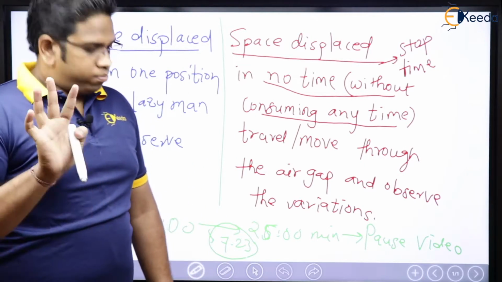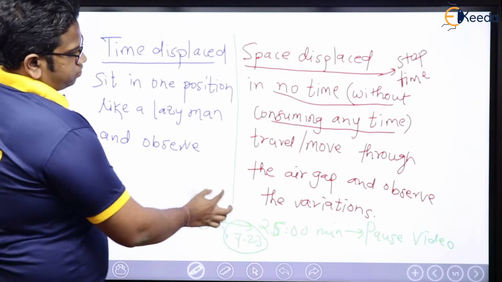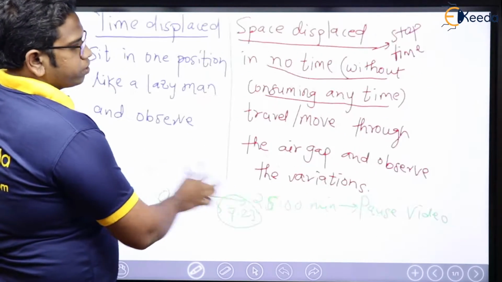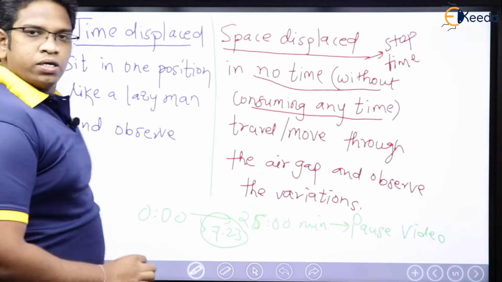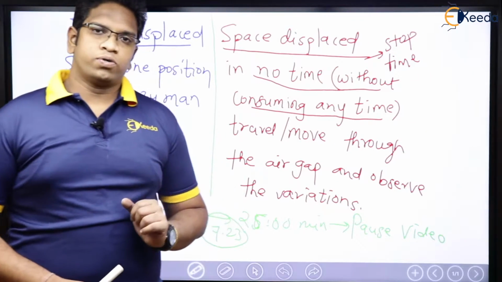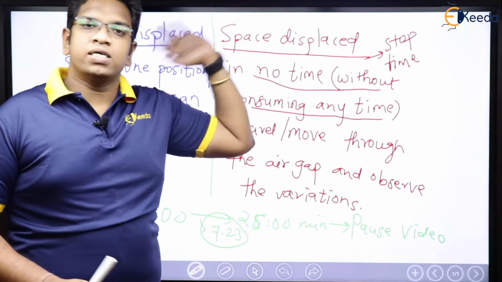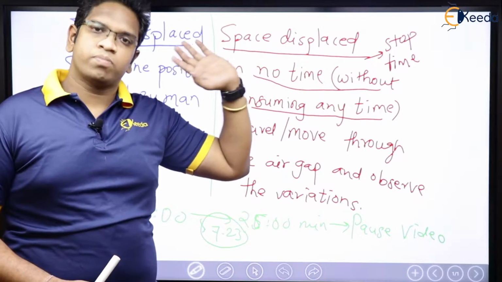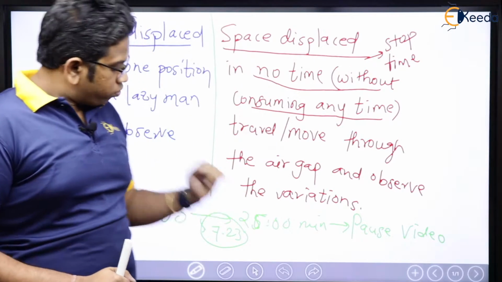See, again, stay calm. The video is, let us say, moving like this, right? Now, what do you want to do? You just simply want to note down everything that is written on the board. So, what will you do?